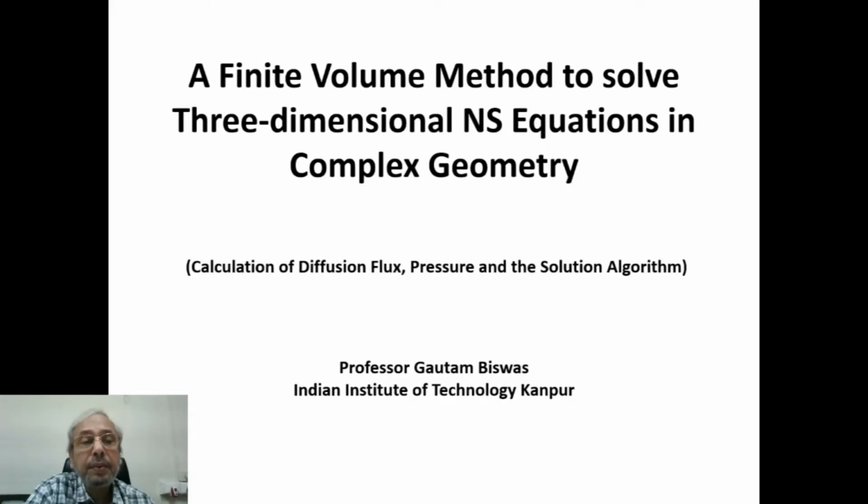Good morning, everybody. Today we will continue with our finite volume method to solve three-dimensional Navier-Stokes equations in complex geometry. In the last lecture, we discussed the important geometrical parameters and the procedure of calculating convective fluxes.